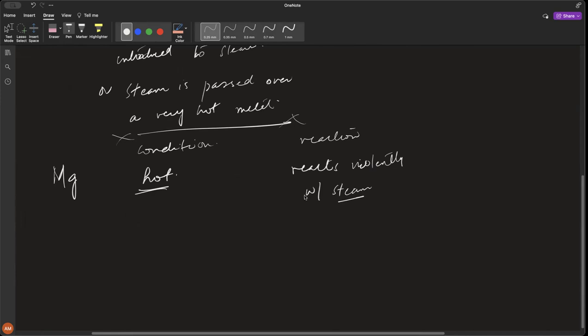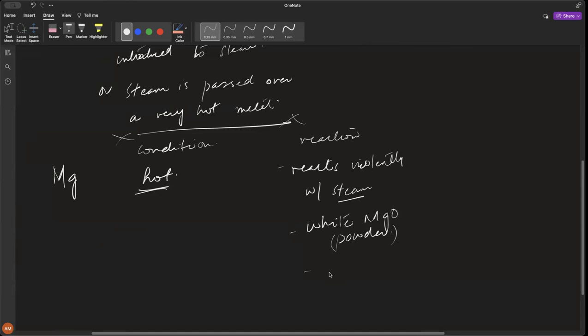Yes. So what is produced? White magnesium oxide, MgO, powder is produced in the reaction.